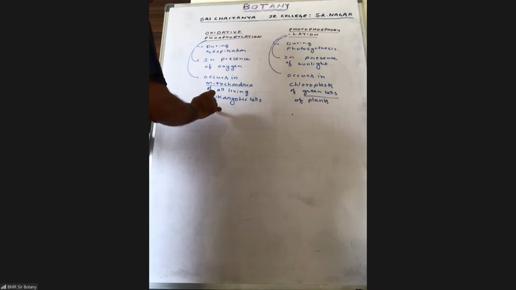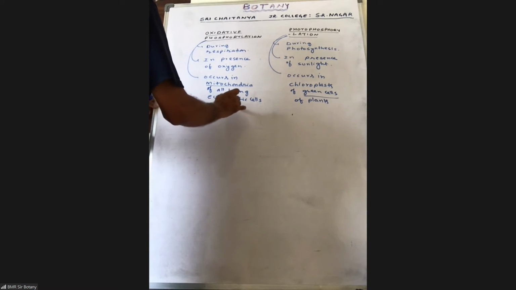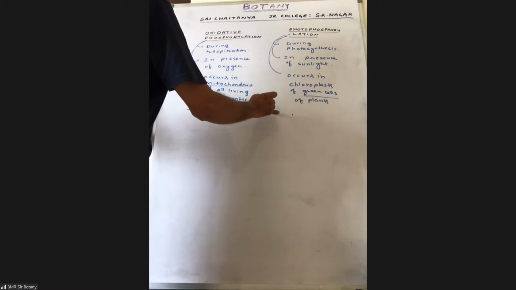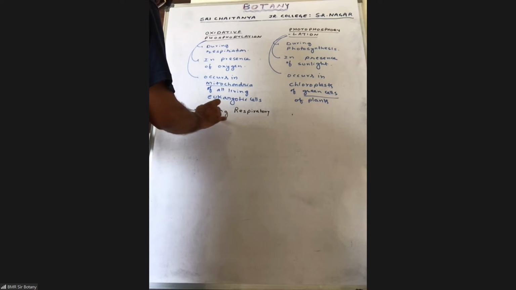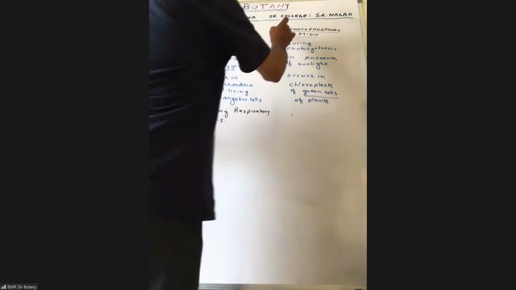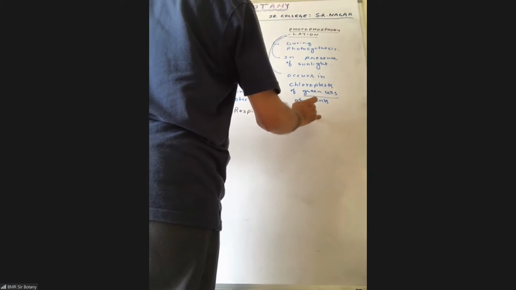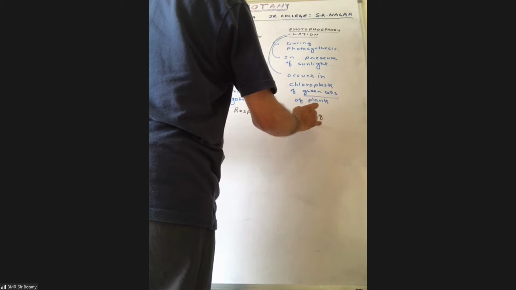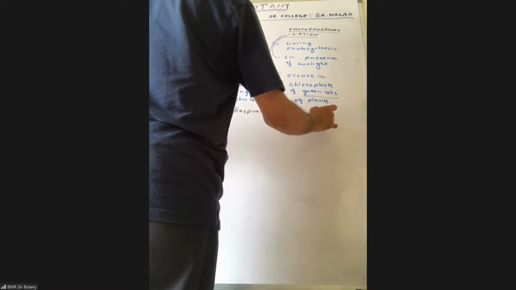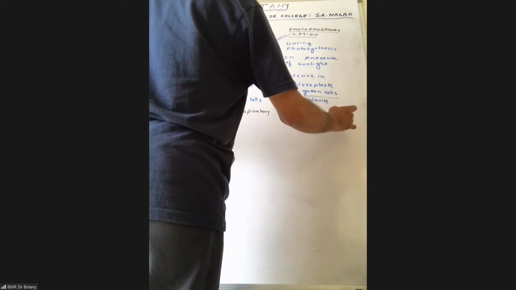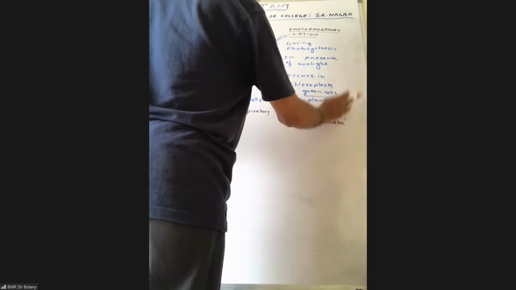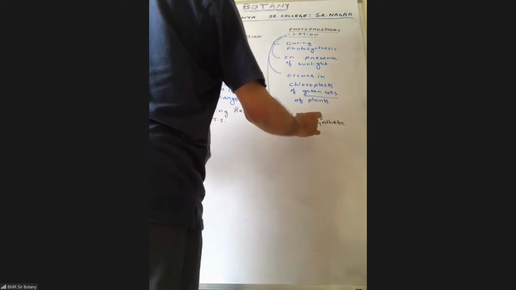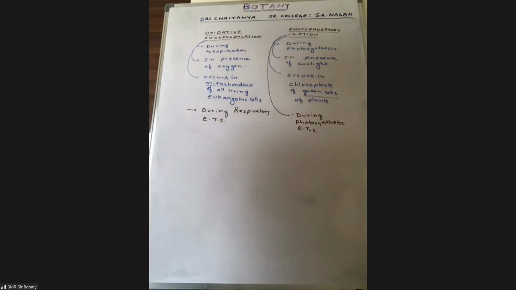So, during respiratory electron transport system, during photosynthetic electron transport system. But what is the similarity of both?